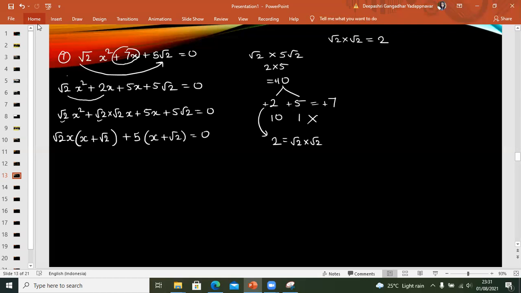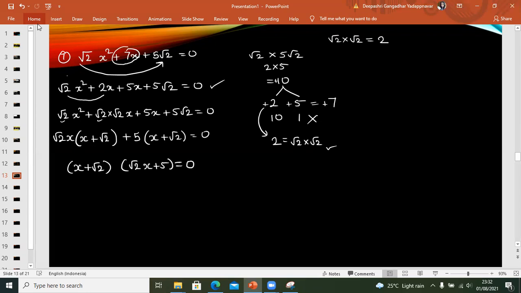Since we have taken this step, it is easy for us to write the bracket properly. Otherwise, if you use this step and directly try to find the common, it's not possible. So we have to solve it in this way. Now x plus root 2 have to write only once. So x plus root 2, and the other bracket is root 2 x plus 5 equals 0.